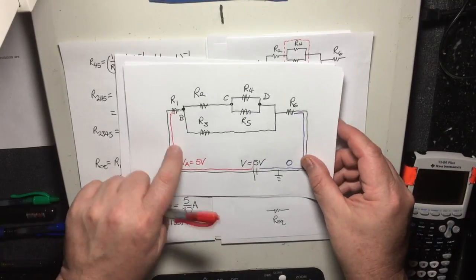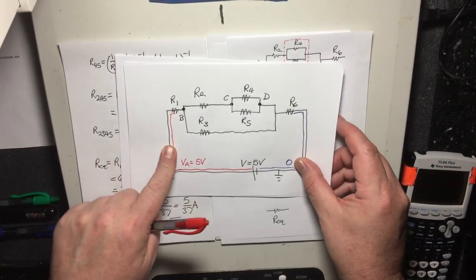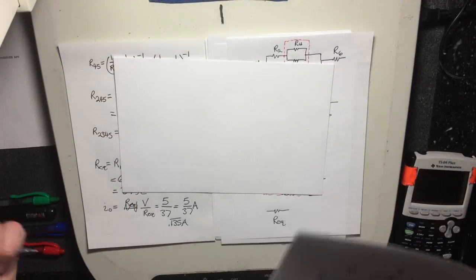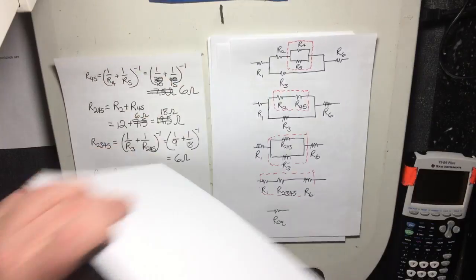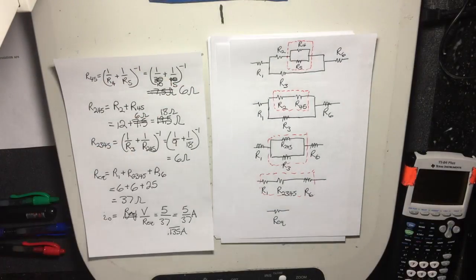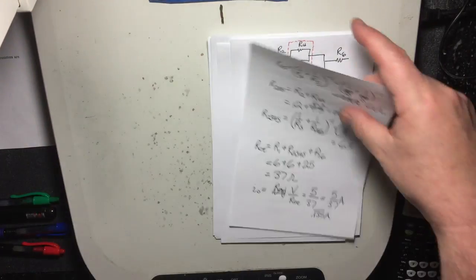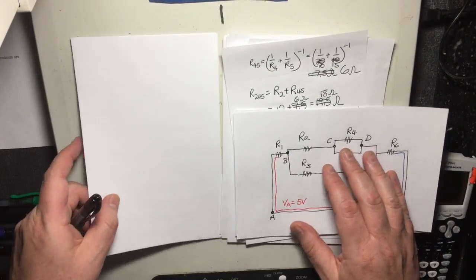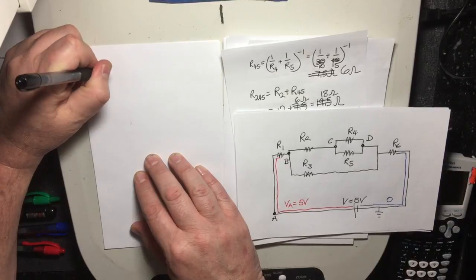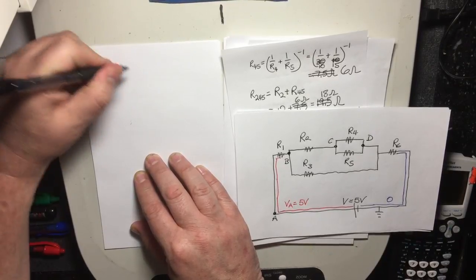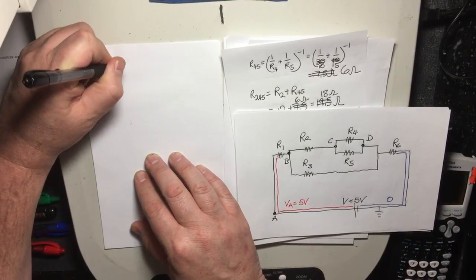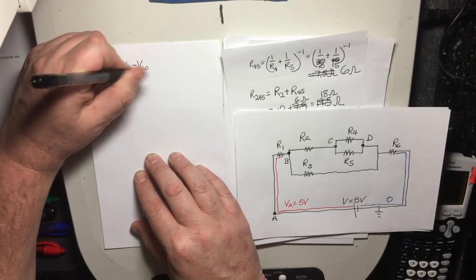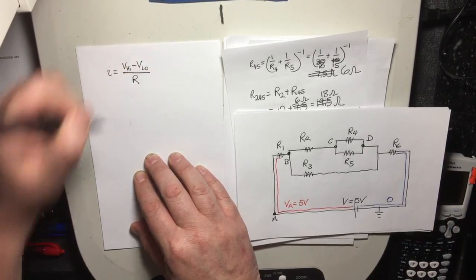Now, this is going to be a piece of paper we're going to keep track of. It's like our Sudoku puzzle. We need to be able to identify areas where we know everything about Ohm's law. The current, its magnitude, is potential high minus potential low divided by resistance.